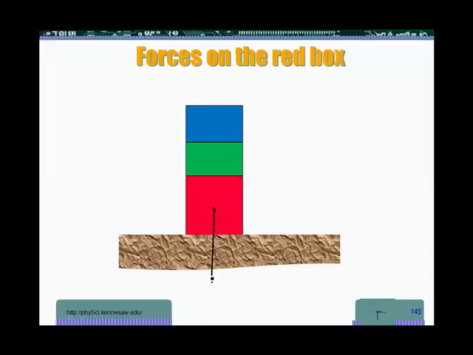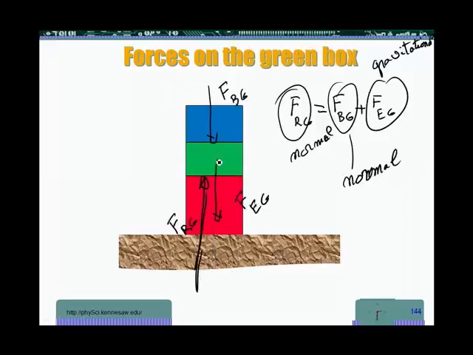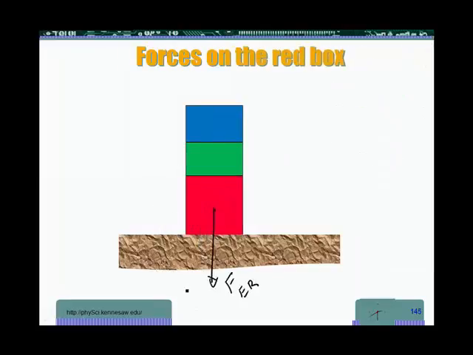So that's F Earth on red. And then we have the green box is going to react to this FRG that we talked about in the previous screen.